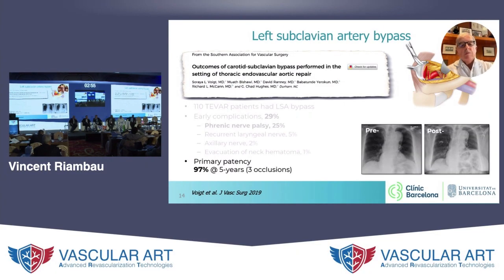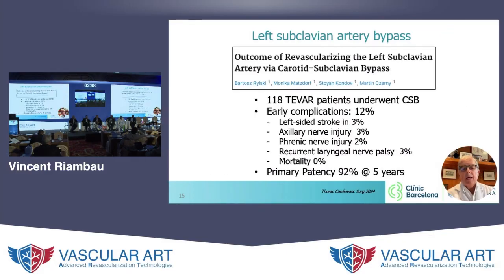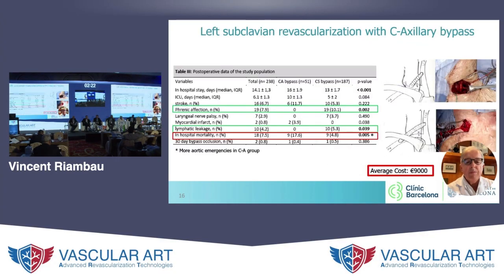The primary patency rate for this kind of bypass is so high at 3 and 5 years. Other series for the same technique from other groups are less morbid, with fewer strokes, fewer axillary nerve and phrenic nerve injuries, which suggests that the technique itself, depending on the surgeon, could be more or less morbid, with the primary patency still so high, 92% at 5 years.